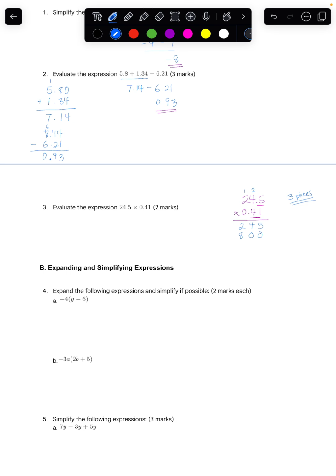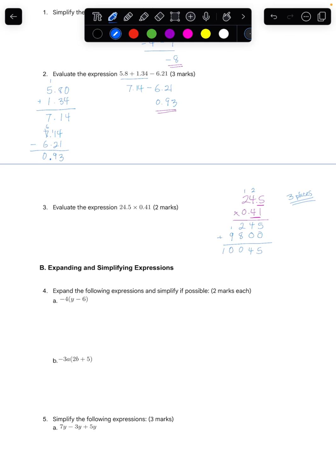And then 4 times 2 is 8, plus the 1 is 9. And now we need to add up these two numbers. 5 plus 0 is 5, 4 plus 0 is 4, 2 plus 8 is 10, so I place my 0, move the 1 above the 9, and then 1 plus 9 is 10.